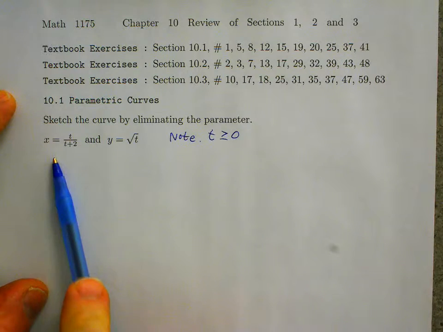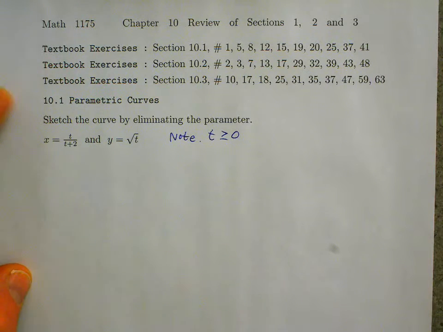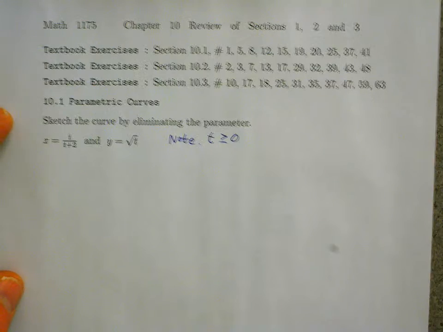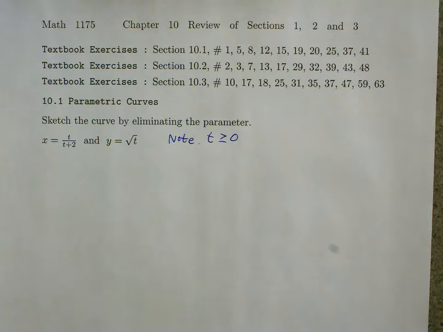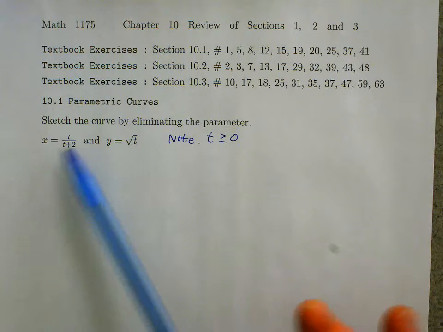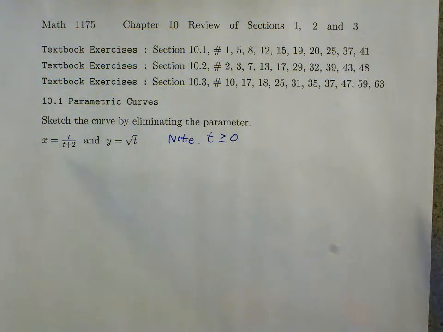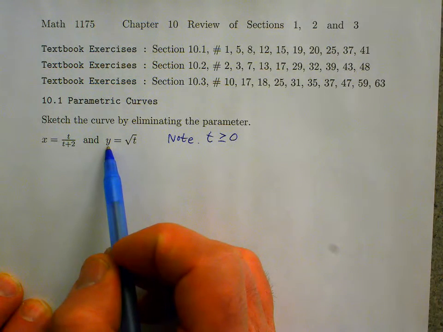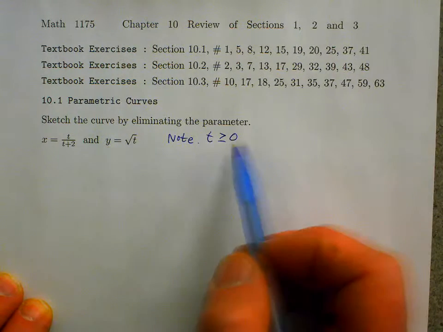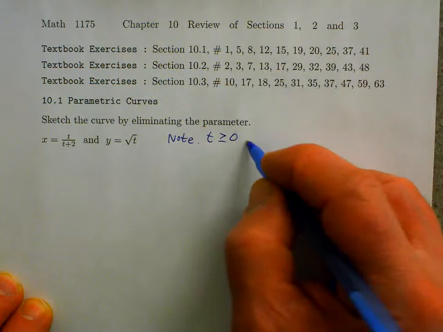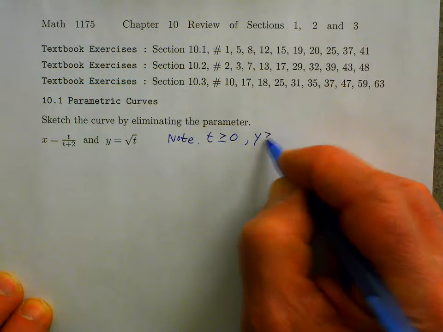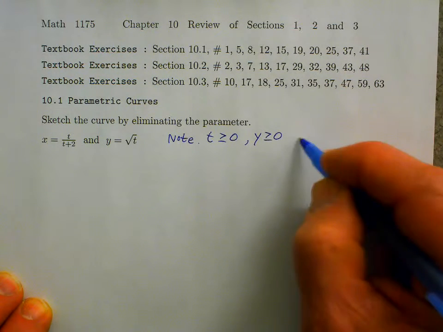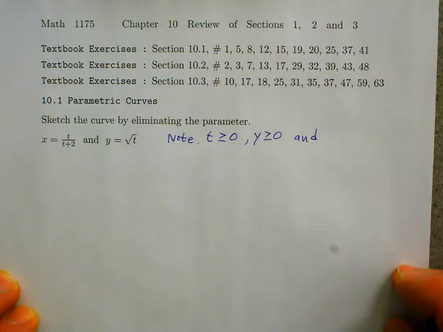And what can we say about the values of x? If t must be greater than or equal to 0, then what are the possible values for x? I guess we can also say, since t is greater than or equal to 0, then y has to be greater than or equal to 0. And what can we say about x values?